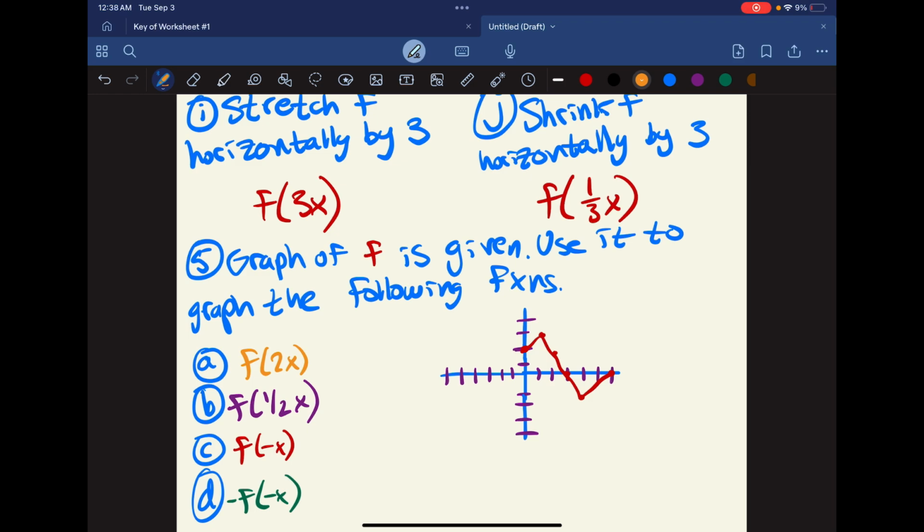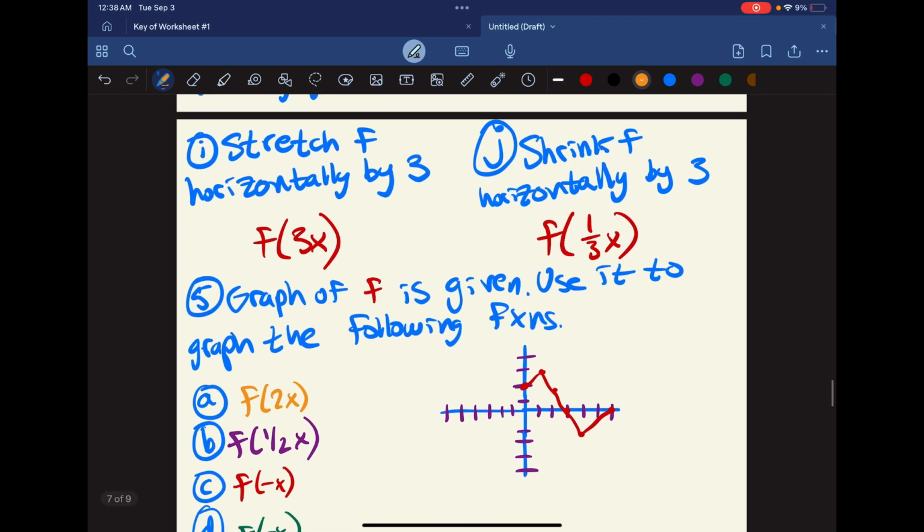We have f of 2x, so this is technically a horizontal stretch by a factor of 3. In this case, we would start at the same point because 0 times 2 is 0. Now for the corresponding point for x equals 1, we would go 1 out.